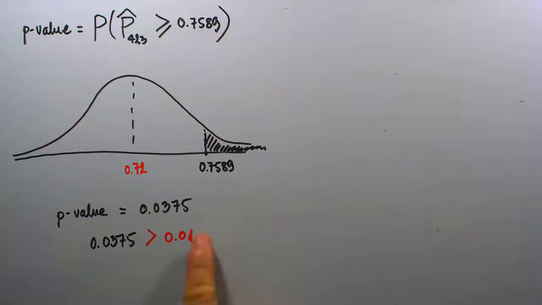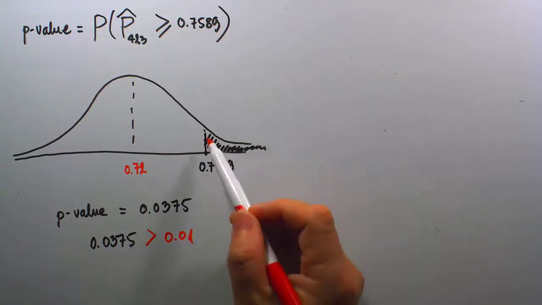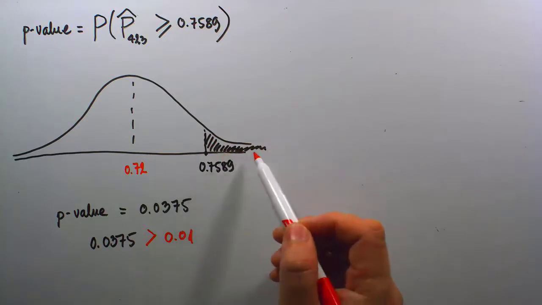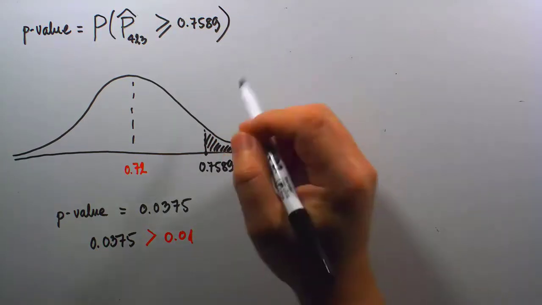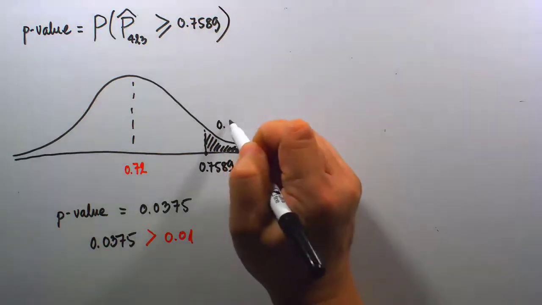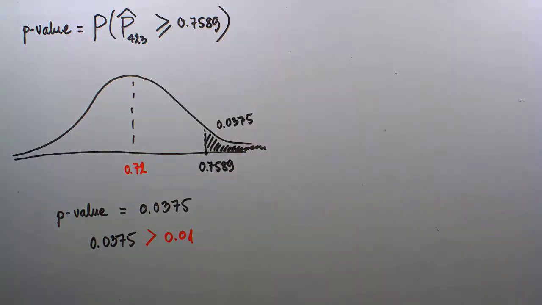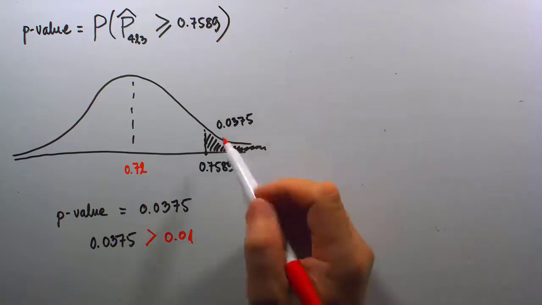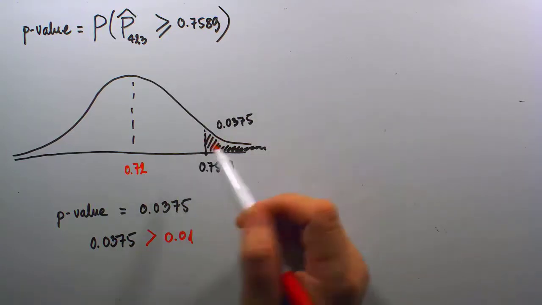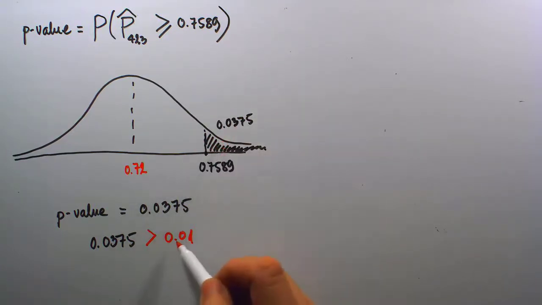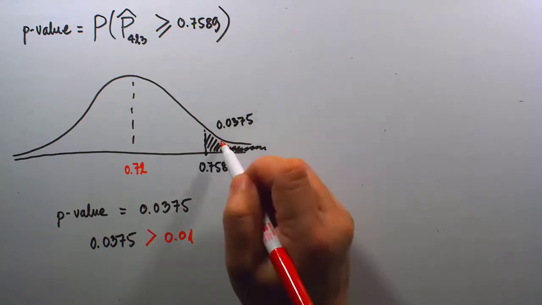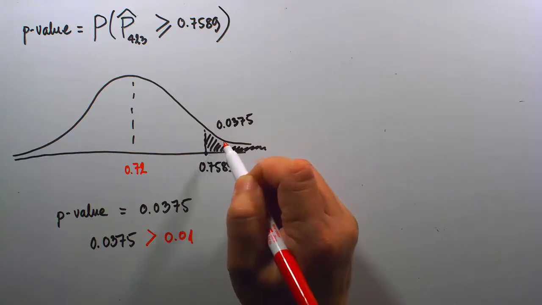So this direct comparison here graphically means, if this black shaded area represents our p-value 0.0375, then the significance level is the area outside of the common area. Being less than, I'm going to draw it as a red area to the right hand side of our common area.